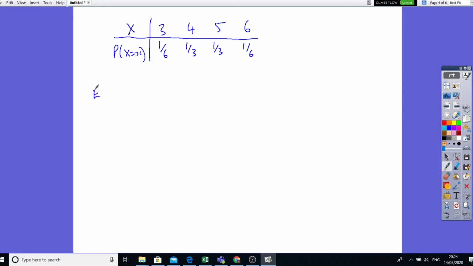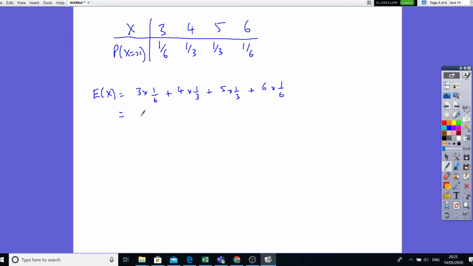So E of x is just 3 times 1 out of 6, plus 4 times 1 out of 3, plus 5 times 1 out of 3, plus 6 times 1/6. And you can just quickly run this through your calculator.